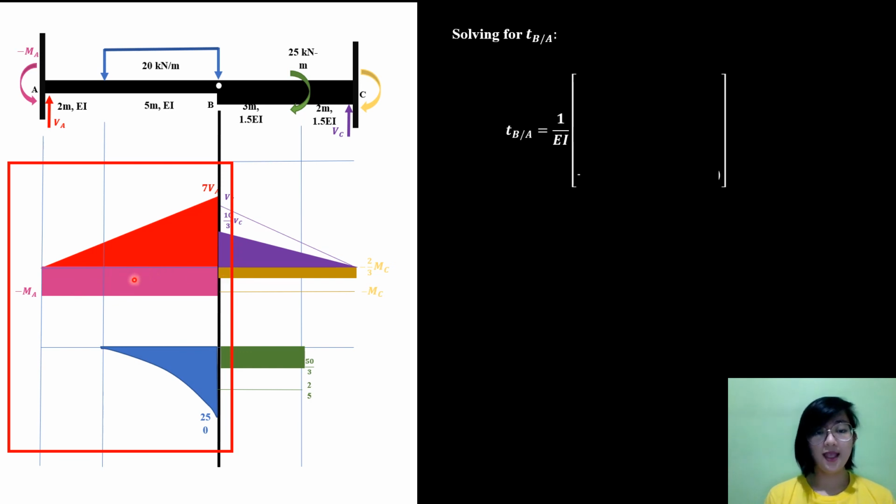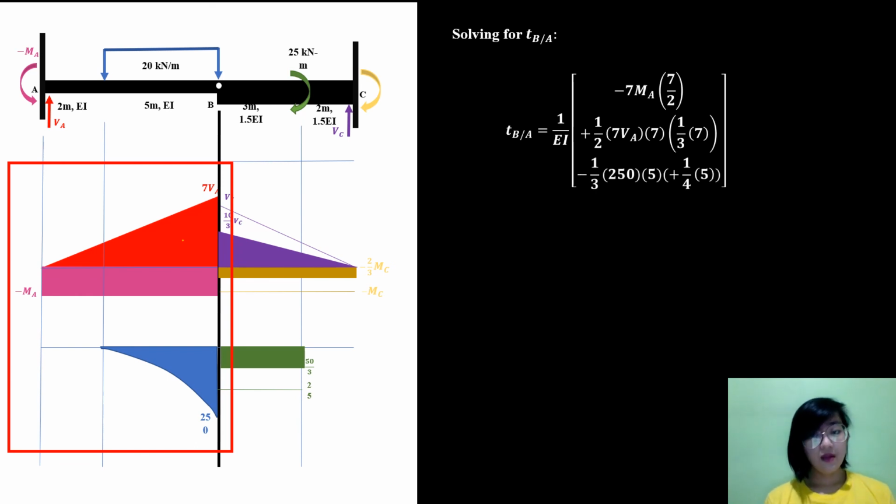So, and yung centroid niya is L over 2, so 7 over 2. There. Next is the triangle. So, 1/2 times 7VA times yung distance, which is 7, times yung moment arm, which is yung centroid nito. So, 1/3 times 7.